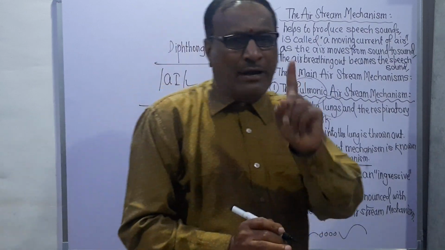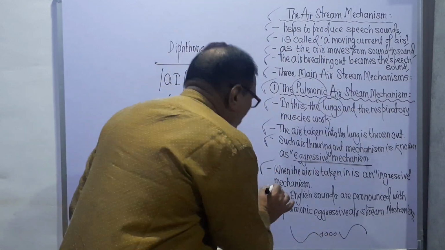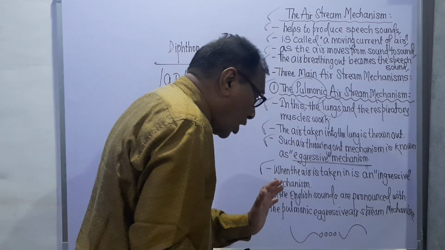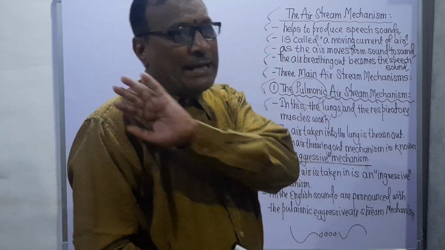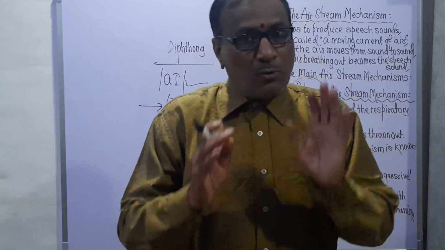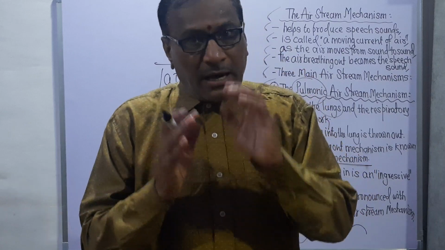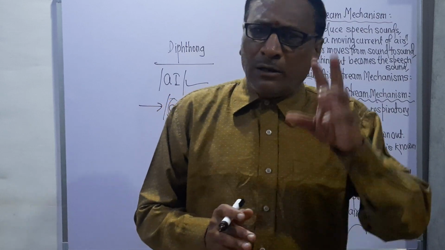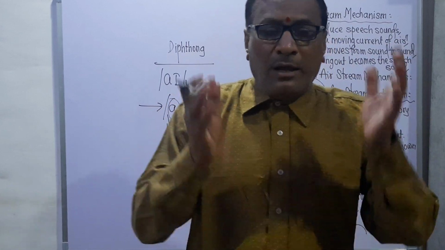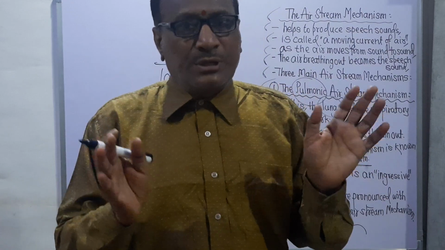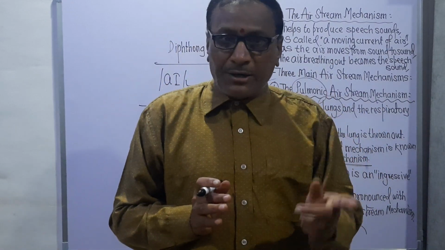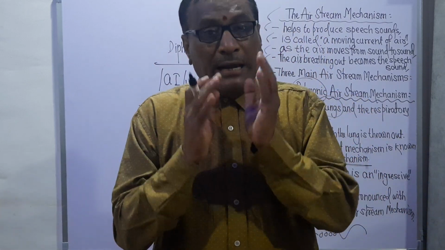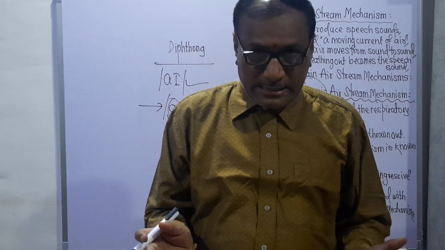And finally, I will discuss that all the English sounds are pronounced with the pulmonic egressive mechanism. Remember, all the sounds in English, in the BRP system, the British Received Pronunciation, all the sounds, I just told you that there are 44 sounds in English. There are 8 diphthongs, there are 12 pure vowels, and there are 24 consonants.